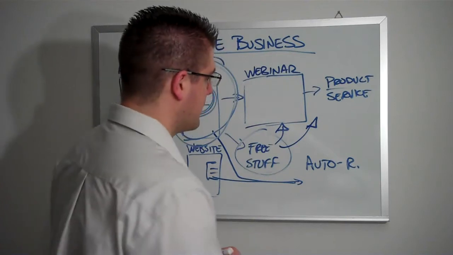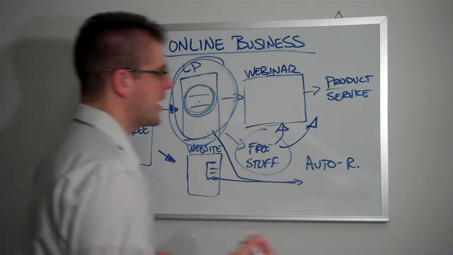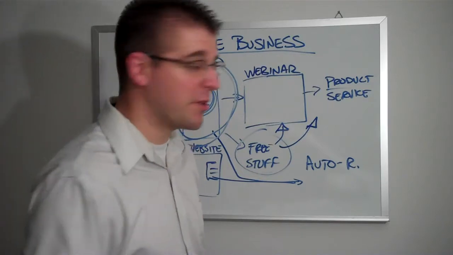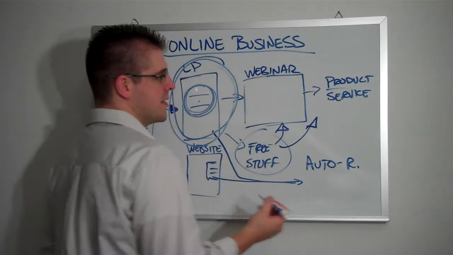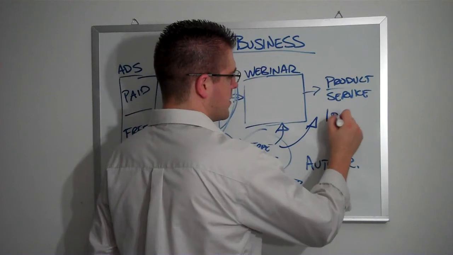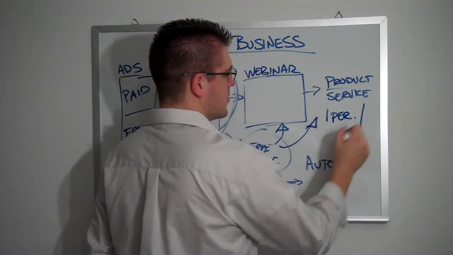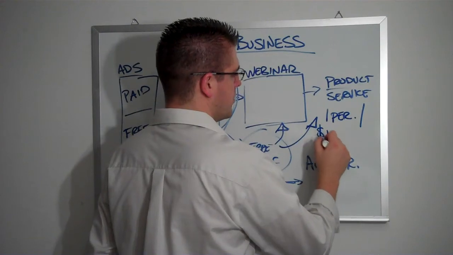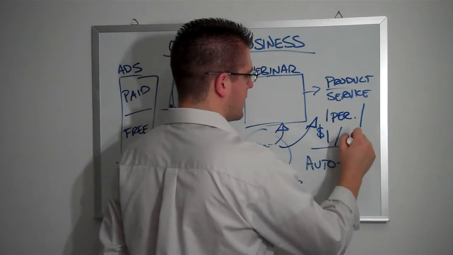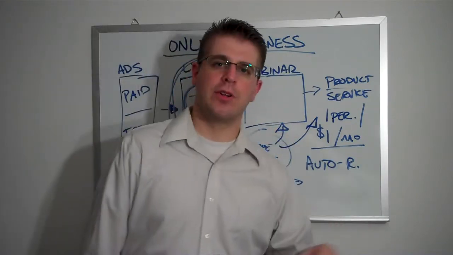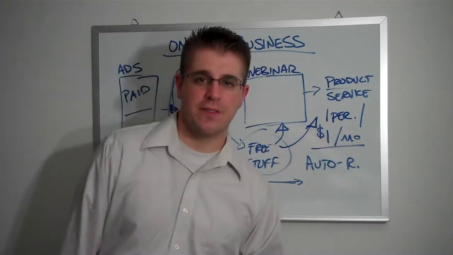So I've heard from many people, and this is just to give you an idea, maybe dream about this a little bit, that for every one person on your list, you should make $1 a month. So, for example, you have 5 people on your list. You should be able to make $5 a month from that list.